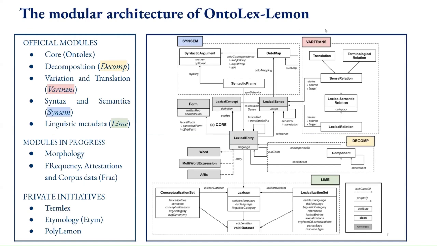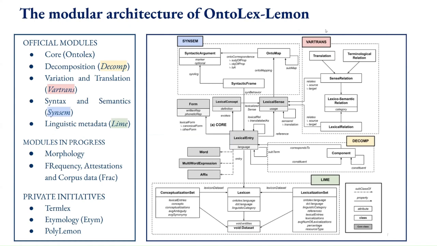It's characterized, as you've seen, by a modular architecture. There are a lot of modules, complicated modules. We will work with the core today, obviously, and maybe with the composition module.